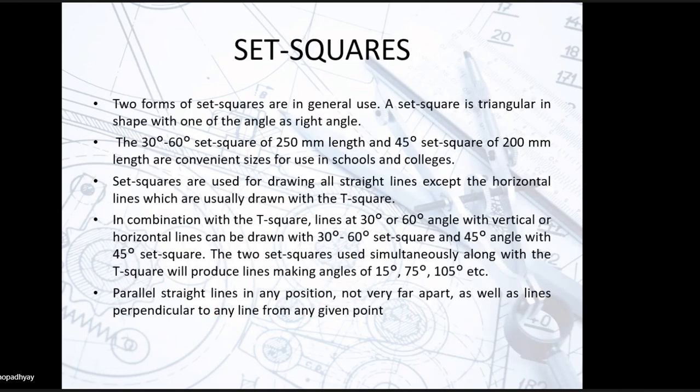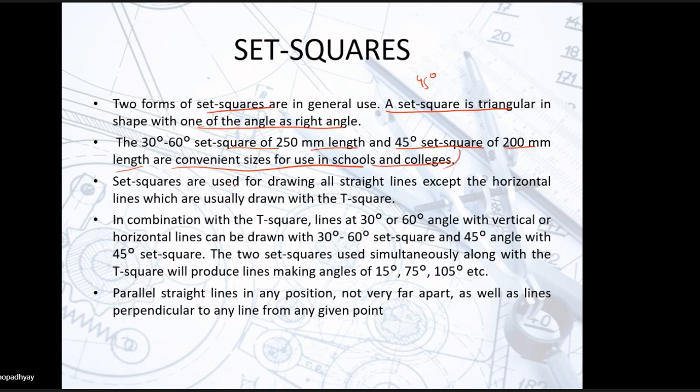Coming to set squares, you can have two forms of set squares. You can have a set square which is triangular in shape with one of the angles a right angle. So this is your 45-degree set square. Now the 30-degree, 60-degree set square of 250 mm length and 45-degree set square of 200 mm length are convenient sizes for use in schools and colleges.